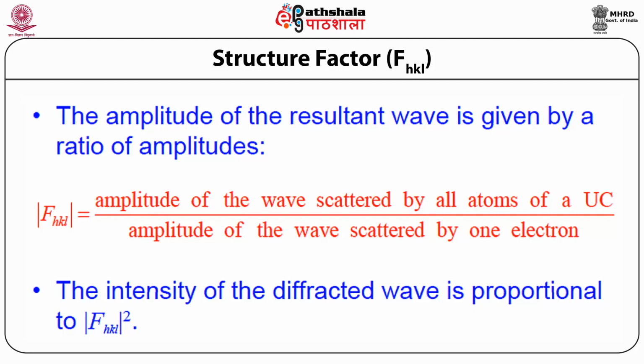So this is the ratio, and the intensity is basically the square of this F_HKL. As we know, F_HKL is a scattering amplitude, so you need to square it to get the intensity. Now we will take examples and see one by one how to calculate this structure factor.